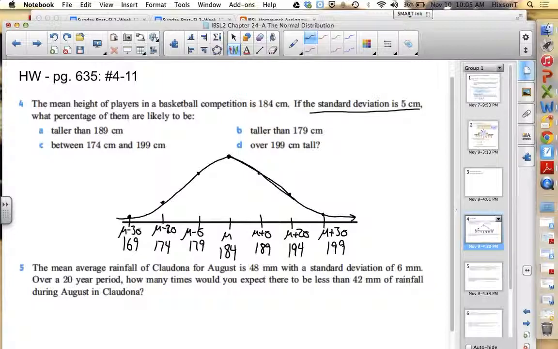Now, when you're doing a problem like this, it would be helpful to write in your percentages. We know there's 34% on either side of our mean within 1 standard deviation. And then how much in these ranges? 13.5%. And then how much between the second and third standard deviation? 2.25.